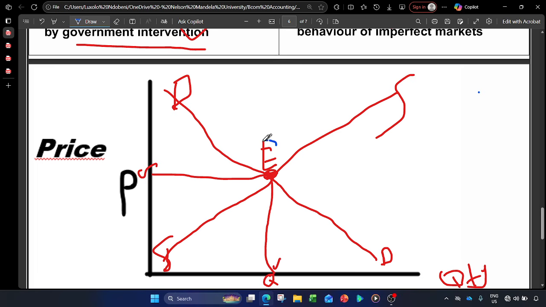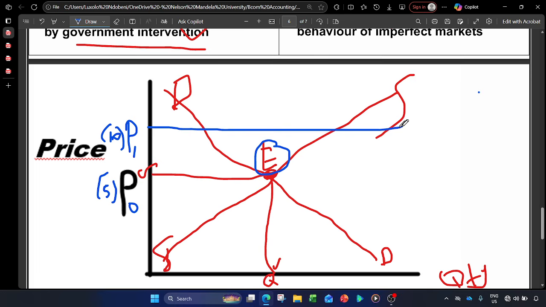So government will increase it from P0 to P1, which is price 1. So let's say if here it was 5 rand, the government will increase it to, for example, 10 rand. So now the price has increased, so just draw the graph to show the minimum price, and call it min.